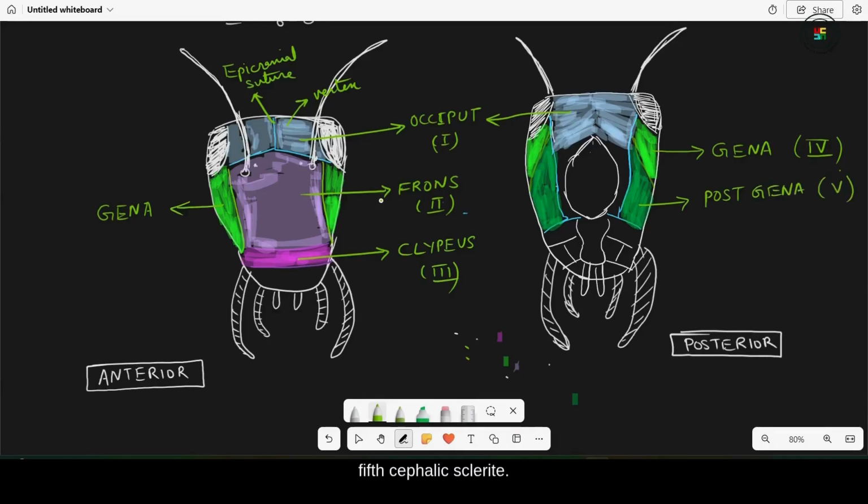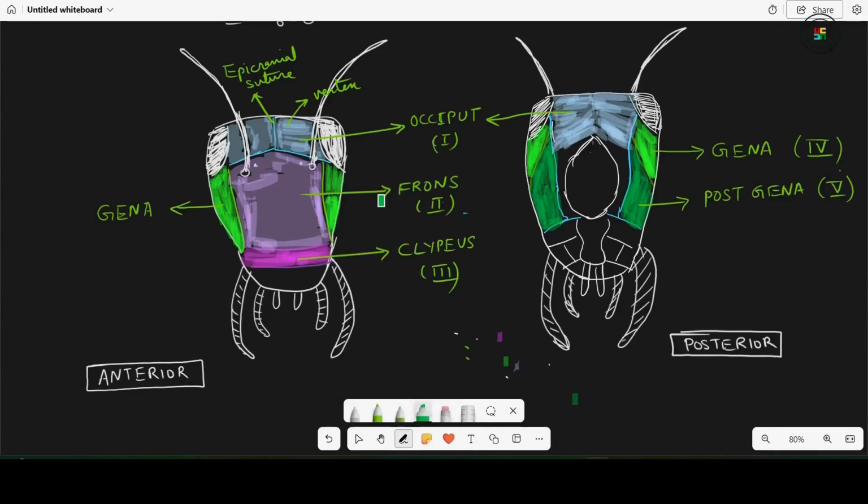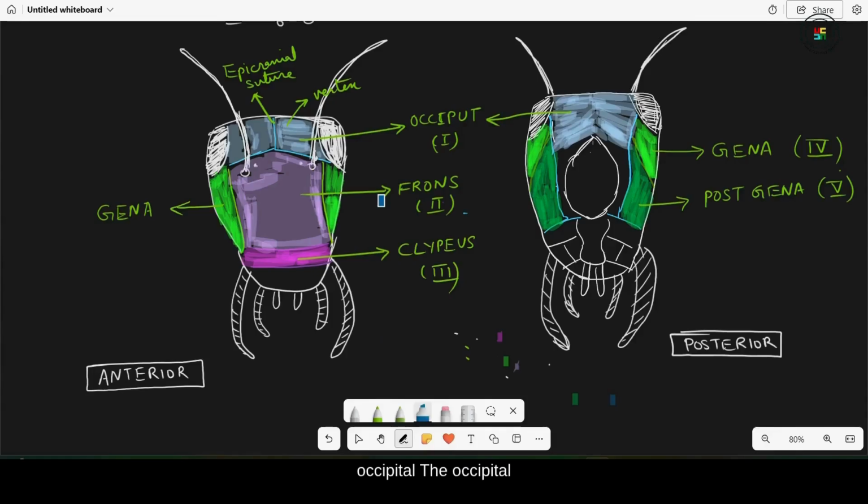The fifth cephalic sclerite, and finally the occiput extends beneath, on the posterior side, encircling the occipital foramen, and this is post occiput. Which is the sixth cephalic sclerite.